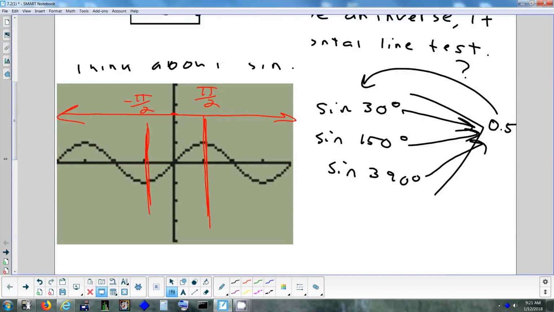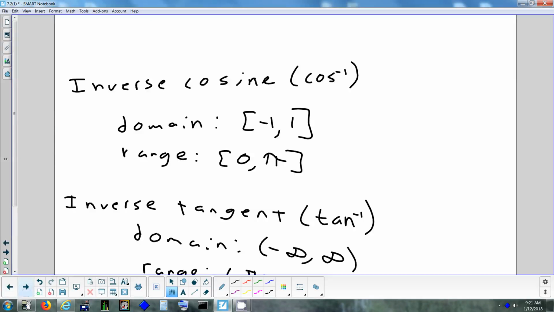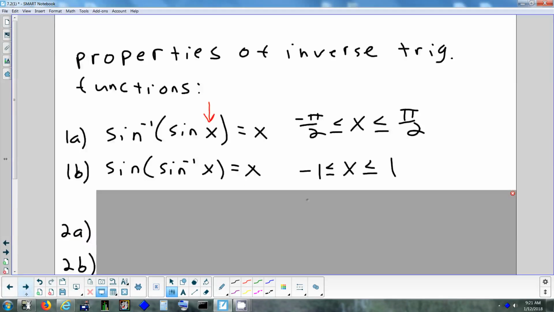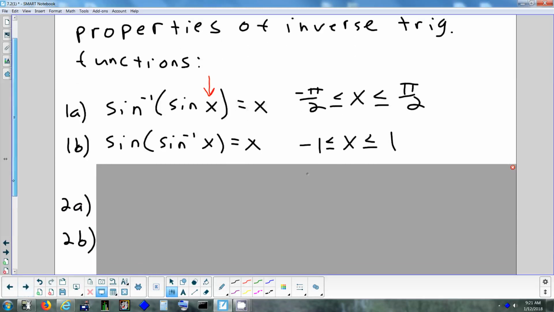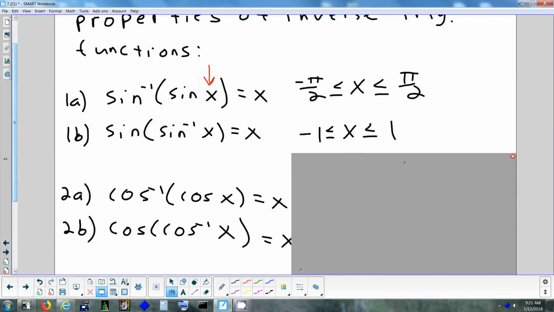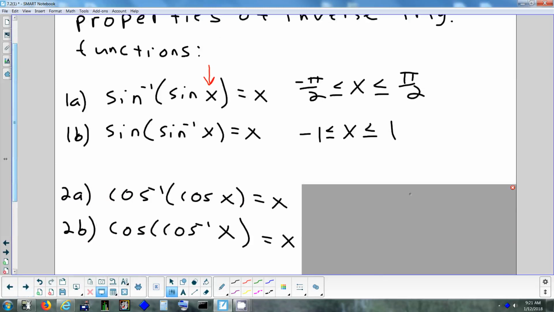It doesn't. It doesn't happen. So any questions on the conditions for those two? Okay, let's look at the next two, and you should probably be able to figure out the conditions.